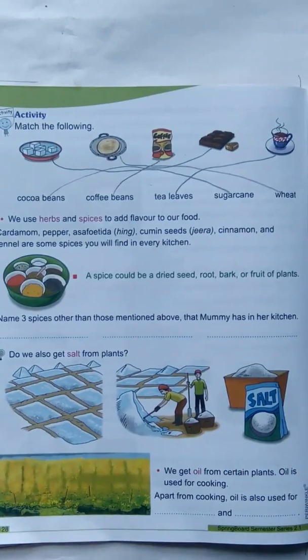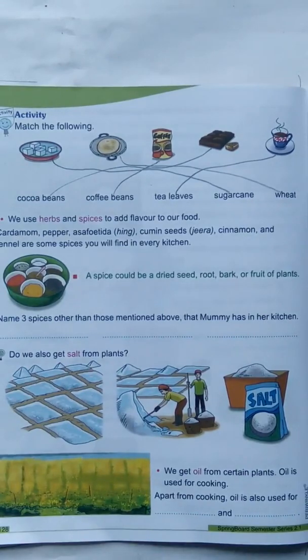Cinnamon and fennel are some spices you will find in every kitchen. We all use these spices and herbs in our daily life. A spice could be a dried seed, root, bark or fruit of plants.